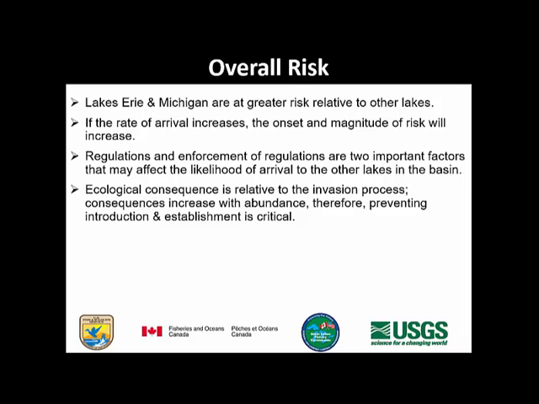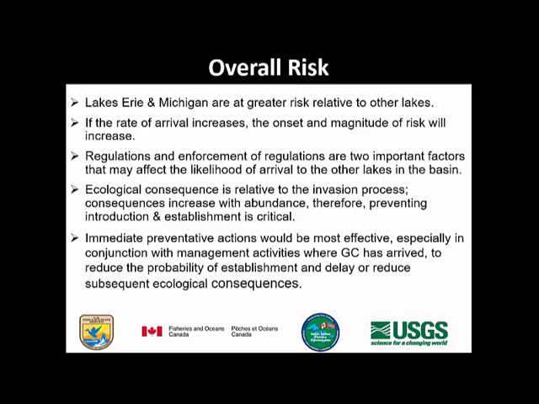Ecological consequences are relative to the invasion process. Consequences increase with abundance, so it's therefore really important to prevent introduction and establishment whenever and wherever possible when you're thinking about this particular invasive fish.